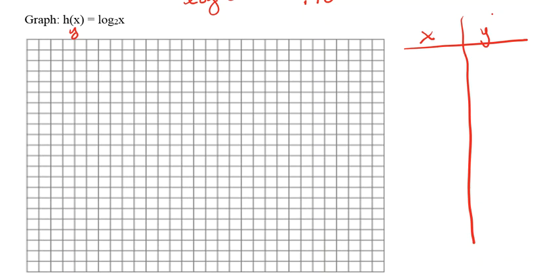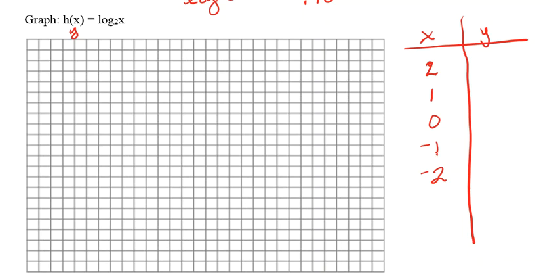So we're doing a base 2. The idea here is we're going to take 2 to some powers, and that's going to give us a number. So let's just see what happens when we do 2, 1, 0, -1, -2.